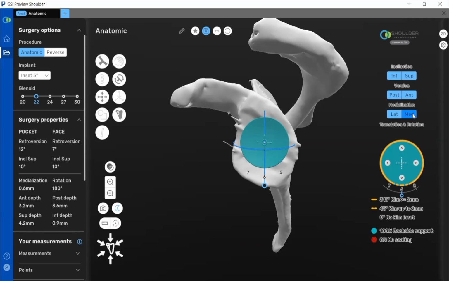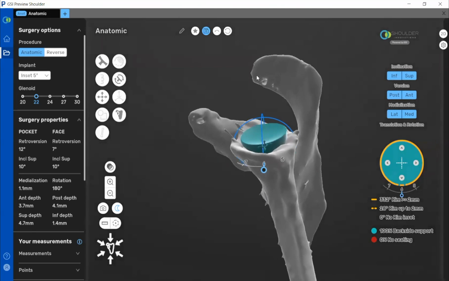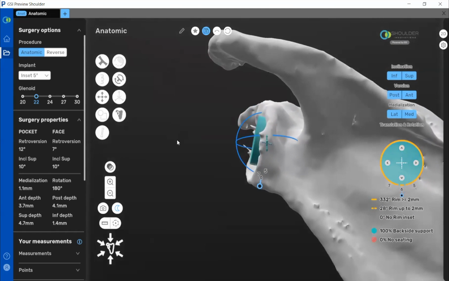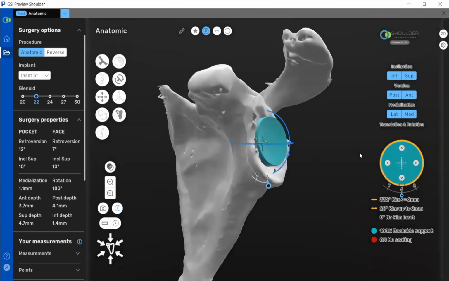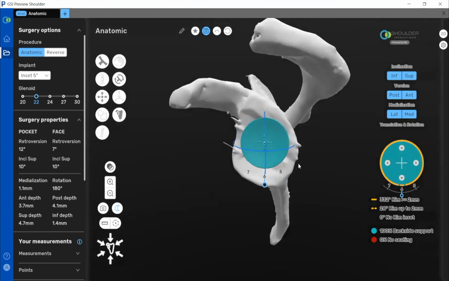So if I go one more click or two more clicks, you can see I pretty much have a nice pocket all the way around. There's one little area here where it's not fully 2 millimeters, but what you want is at least 270 degrees of coverage, which we have here.